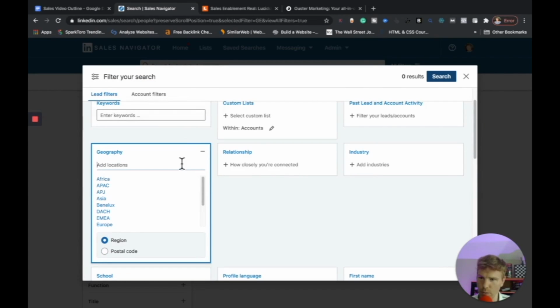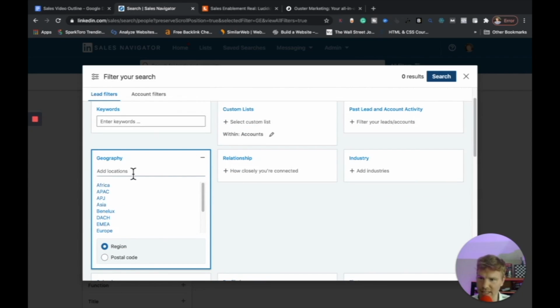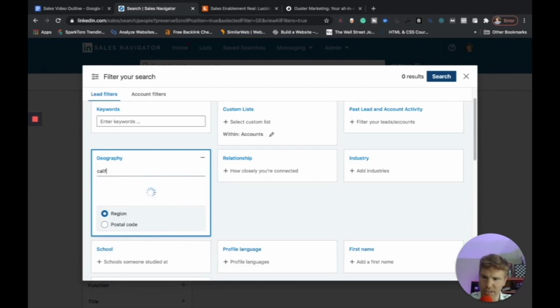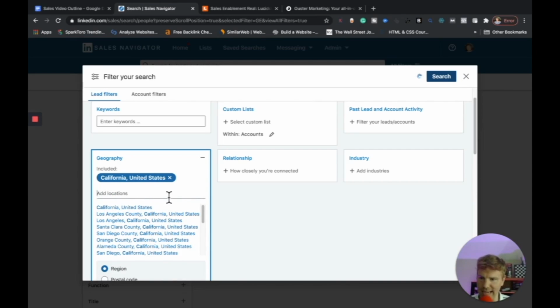So we can start to look at things like geography, okay? Let's say that you're an infrastructure company. Let's say you do sewer reconstruction and you're looking at companies and decision makers that are only in California. Let's say you do a lot of business in California. Now, this is general. We can get way more specific.